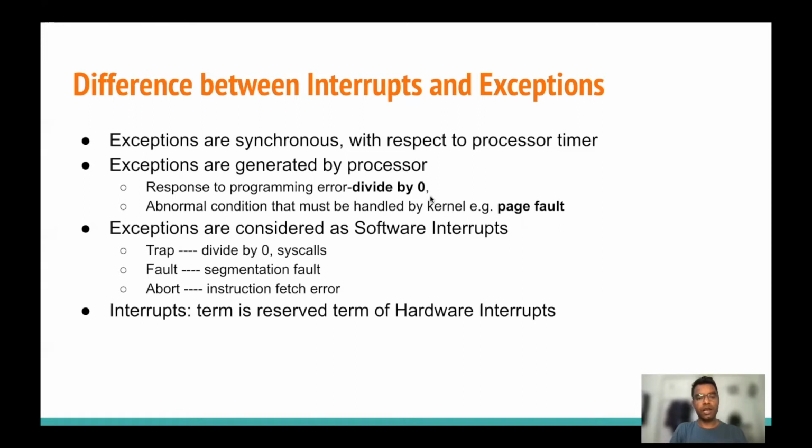This is an exception, and it is also handled as an interrupt by the processor. Exceptions are further divided into three parts: traps, faults, and aborts, and these are examples of each of them.